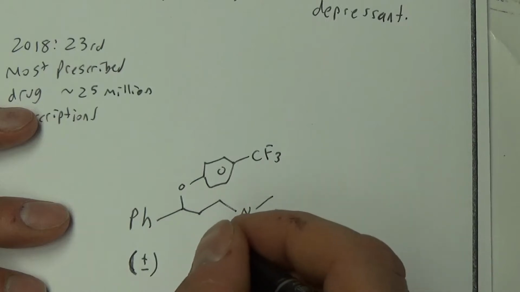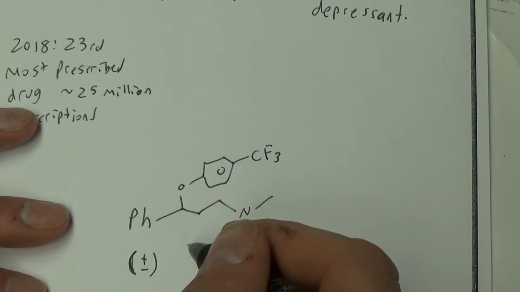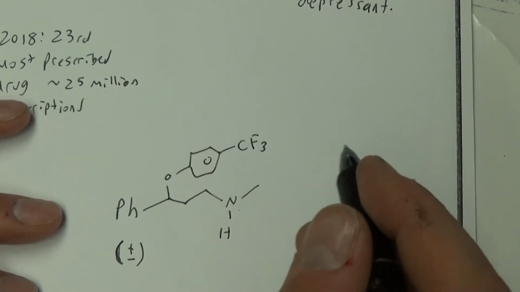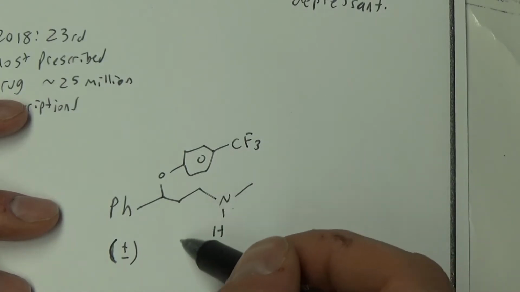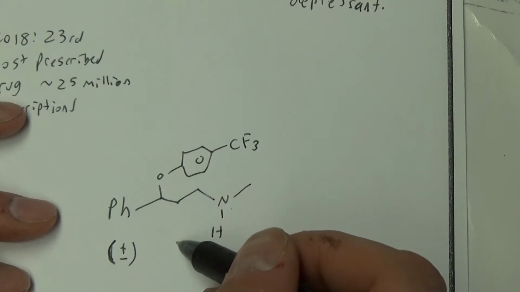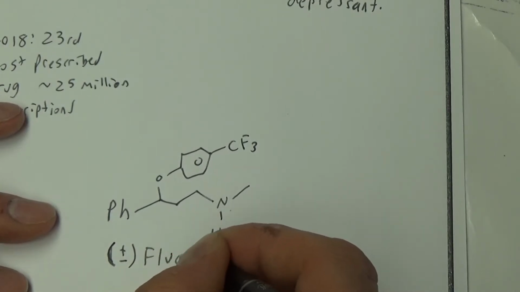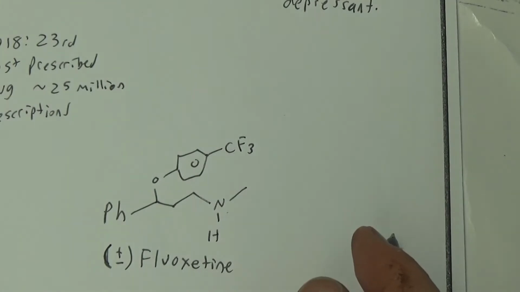It was explored, but in the end, people found that the racemic mixture is so easy to produce and efficacious, so that's the one that is used clinically. So clinically, the racemic molecule plus minus fluoxetine is the one that's used.